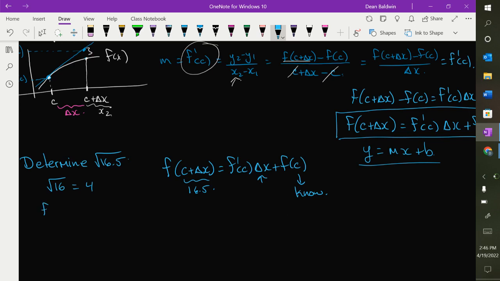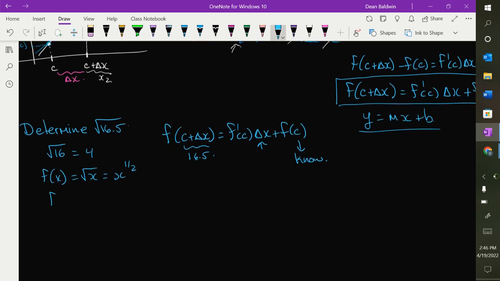Our function is a square root function, so it's root x, which is x to the 1/2. I need to get the derivative. So f prime of x is equal to 1/2 x to the negative 1/2, which is 1 over 2 root x. The c value is a nice easy square root, which I said before was 16.